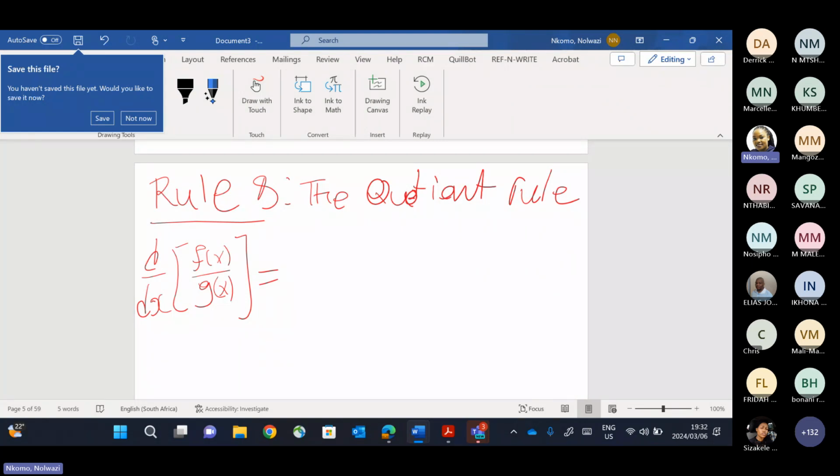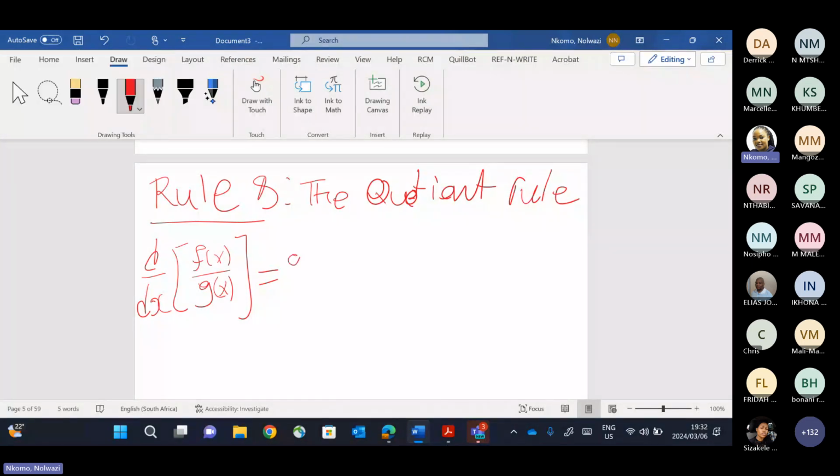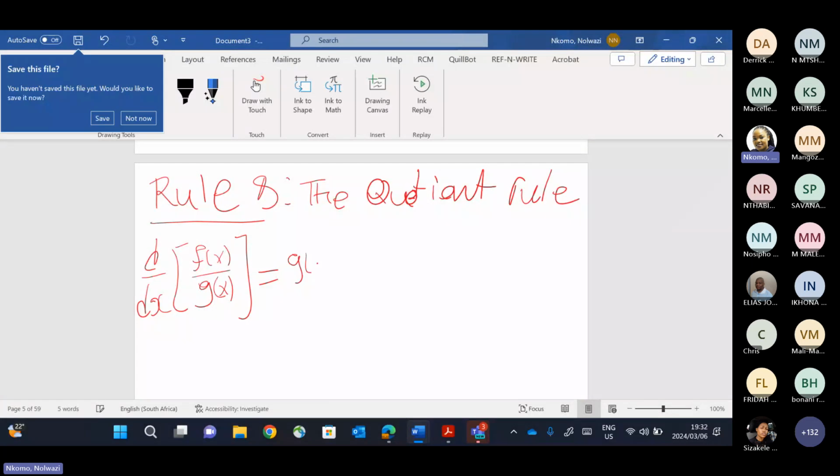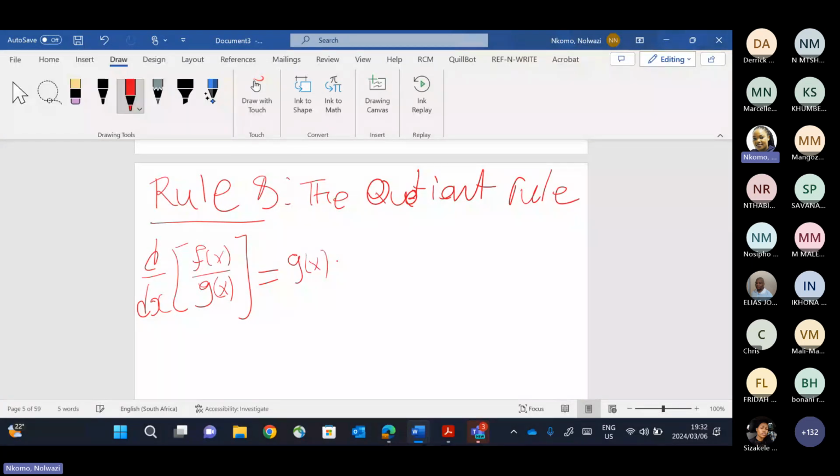You'll always start by differentiating the upper function, and then you keep the lower function. So we keep the lower function, we'll have g at x times the derivative of the upper function, which is f prime at x.